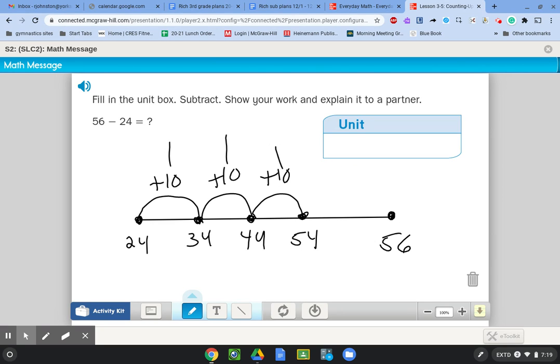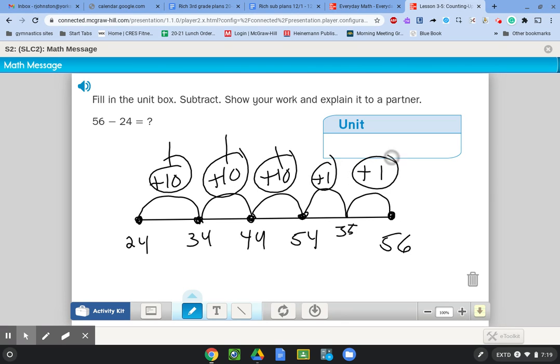We've gone 30 spaces, and we're at 54, which means we've got to get to 56. That's 2 more spaces, but 2 more ones. So 1 plus 1 will take us to 55, and plus another one will take us to 56. So 10, 20, 30, 31, 32.